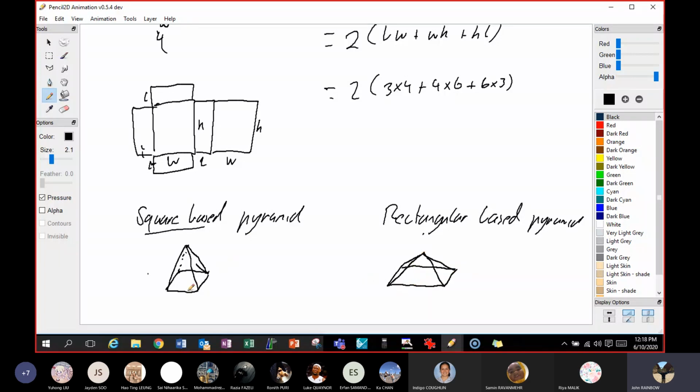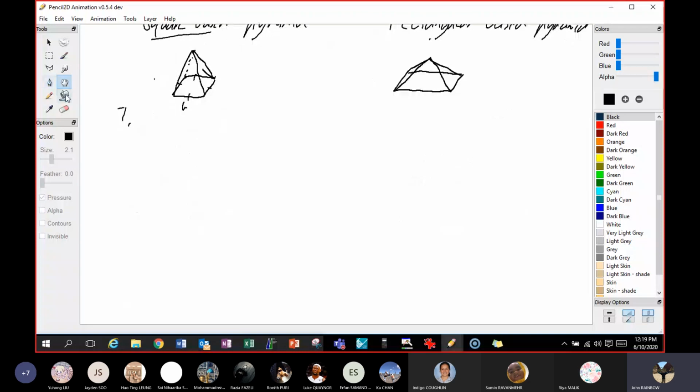How do we calculate total surface area of these? Well, this one, because it's square-based, right? That means all these are the same length. That means that we have a square. Let's call this the base. And let's think about this. Hopefully you should be able to figure out the formula yourself.